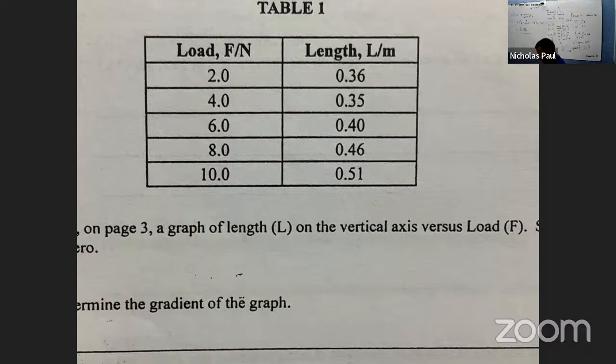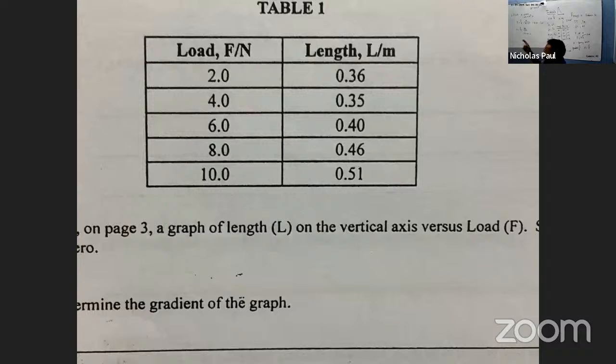Right, plot up your graph. Nice, Jordan sent a graph already, a picture. Oh, now see what happened there. At point 2 is 0.36 and at point 4 is 0.35. What do y'all think happened there? We had a little mistake, right?